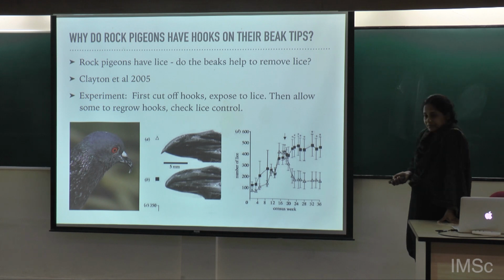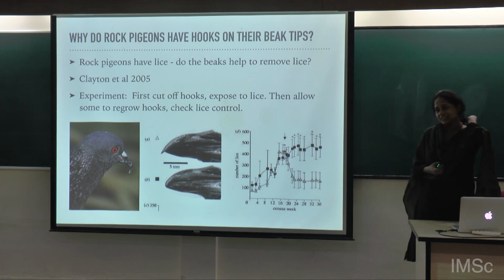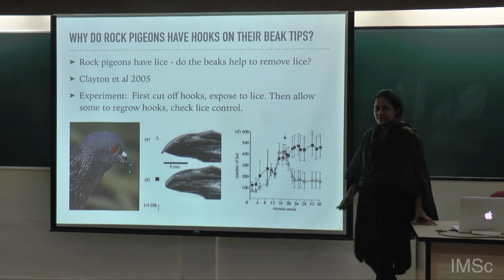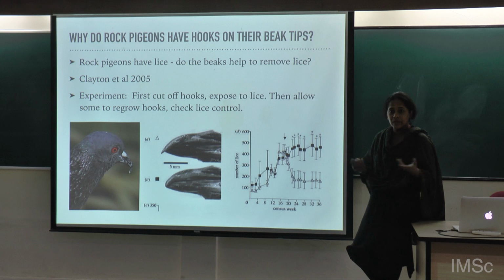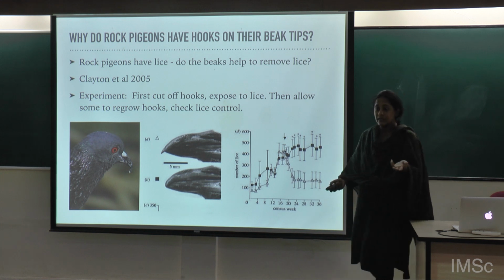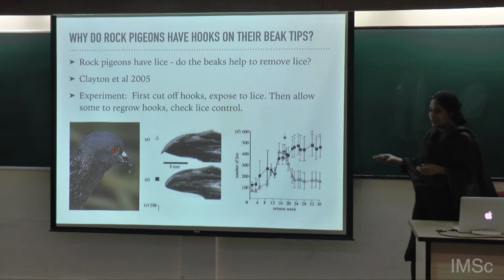Apparently, yes. The curve was going up, peaking somewhere, and then the number of lice comes down. So what does that seem to suggest? At that point, the beak has started growing again, and the bird has been able to move. So the curved tips on the beaks do play some kind of role and help to control lice, because the birds that were allowed to regrow their tips seem to have lower numbers of lice than the ones where the tips were cut off.